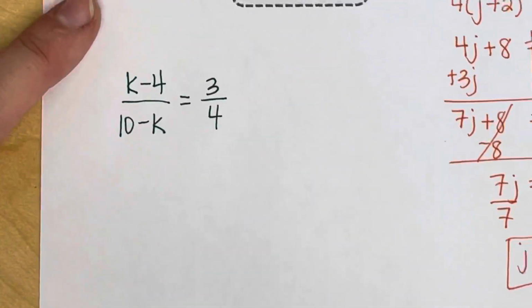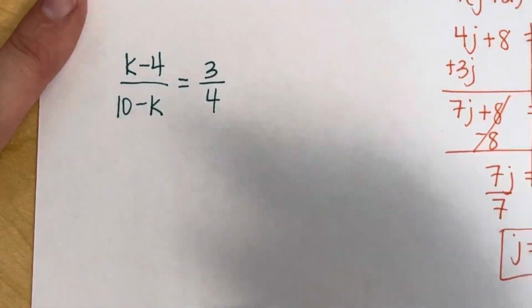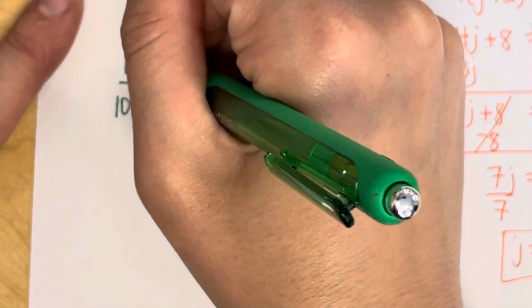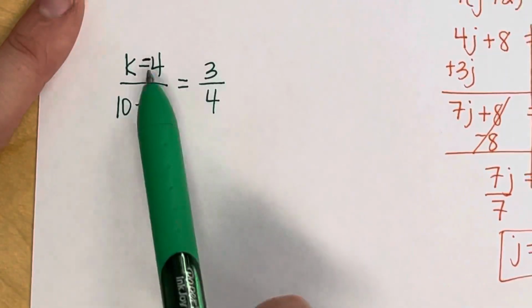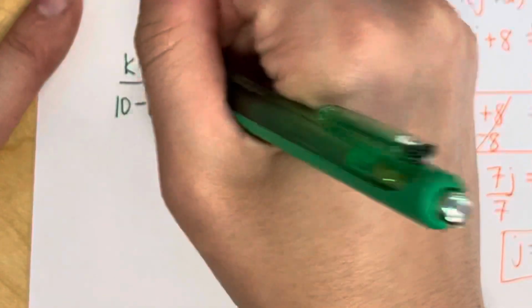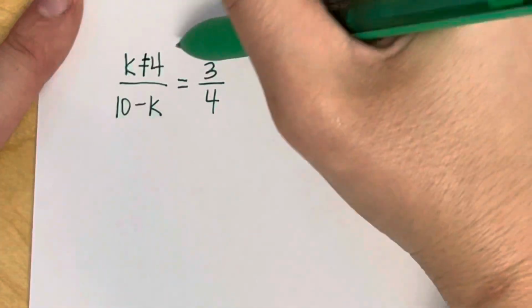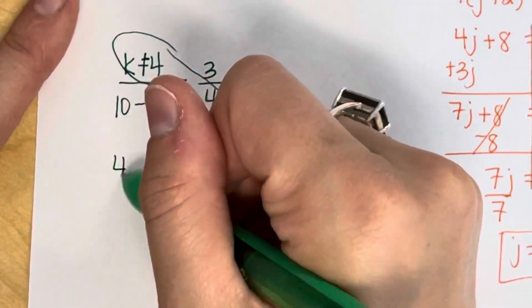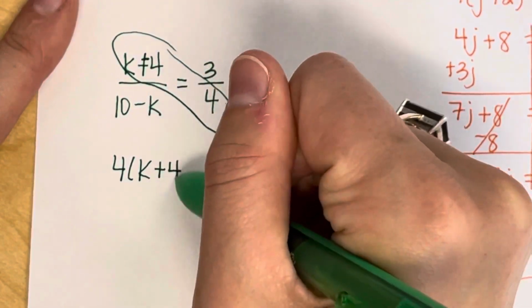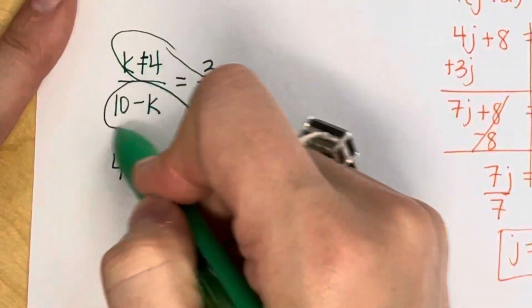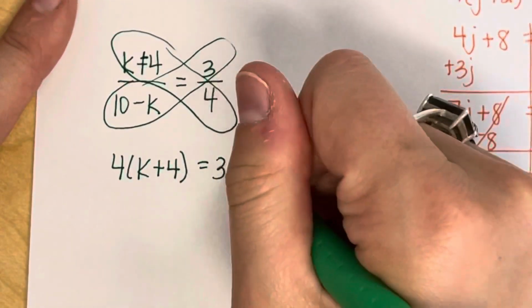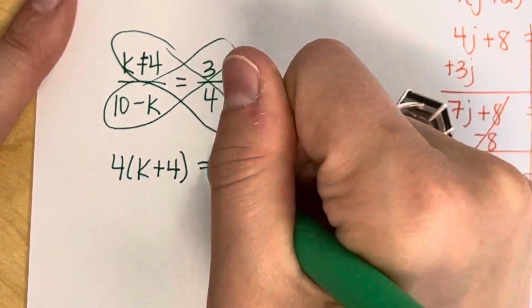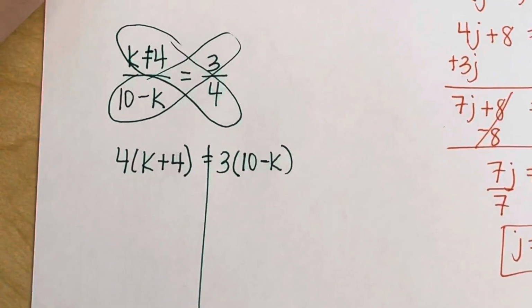Okay, and then again, just like before, I cross multiply. Oh, this is actually K minus -4. I do apologize. Minus a -4. So because it's minus a -4, this becomes a +4. I made a mistake there. My apologies. All right, so I've got 4 times K plus 4 equals 3 times parentheses 10 minus K. Just like before, I've got myself a nice algebra problem.